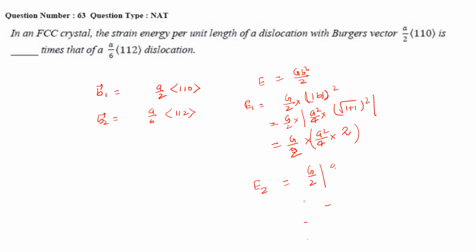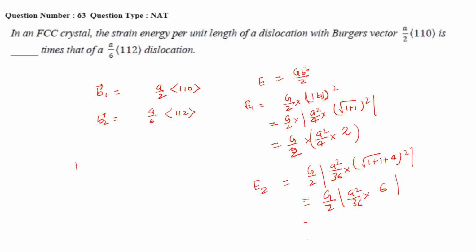So b you will write as a square by 36 into the square root of 1 plus 1 plus 4, then square. That means G by 2 a square by 36 into 6 here, right?